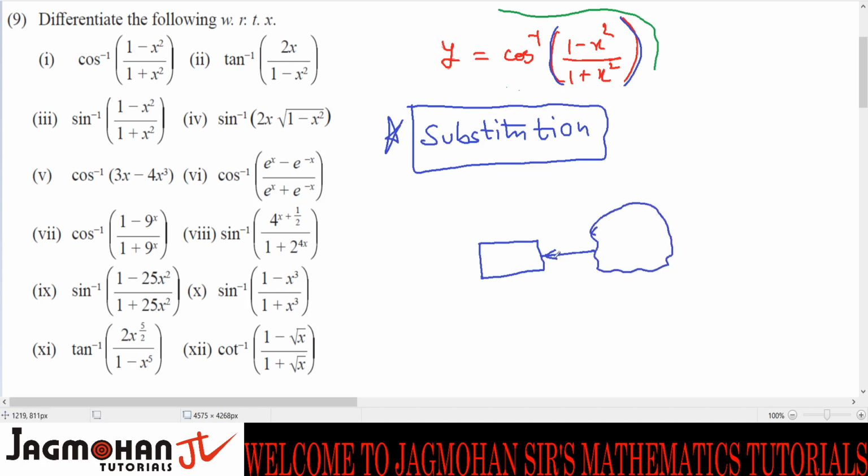This is known as substitution. In substitution you always have something as an original, and then for that you substitute some other thing.